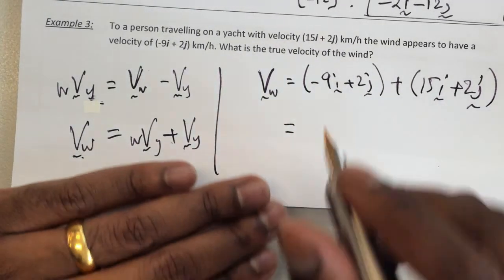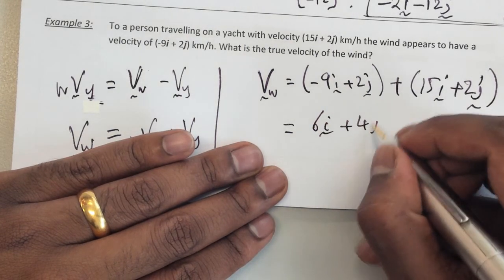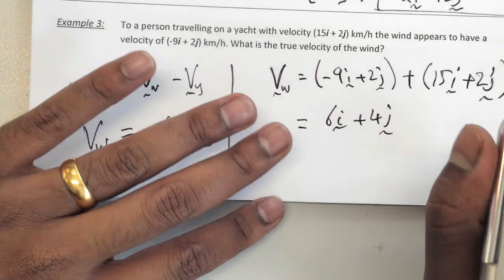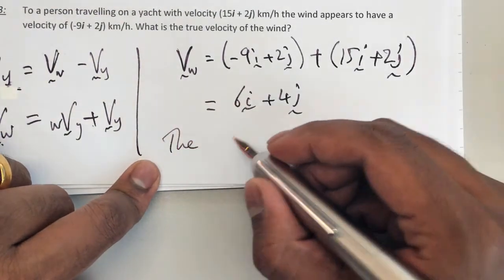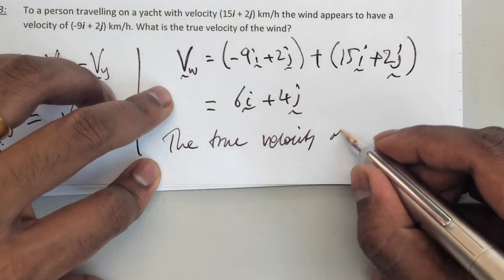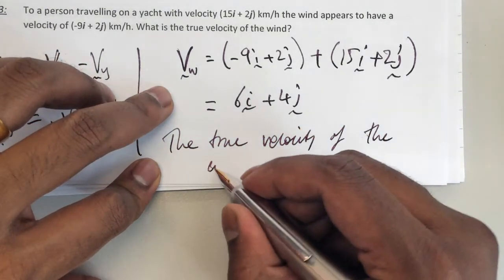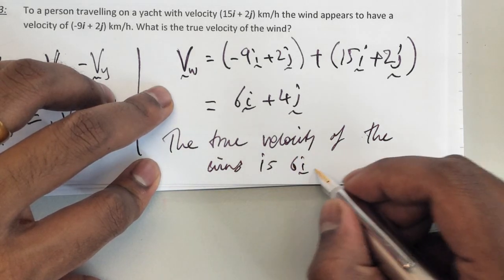Added together, nice and easy, plus 4j. So in other words, the true velocity of the wind is 6i plus 4j.